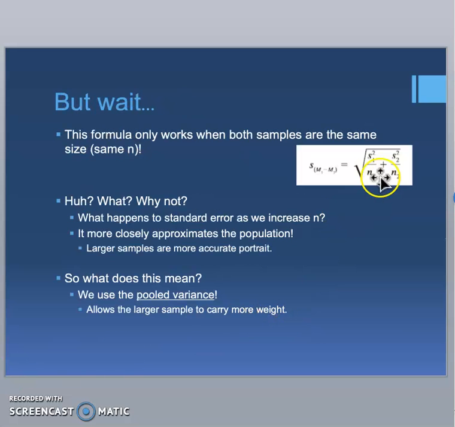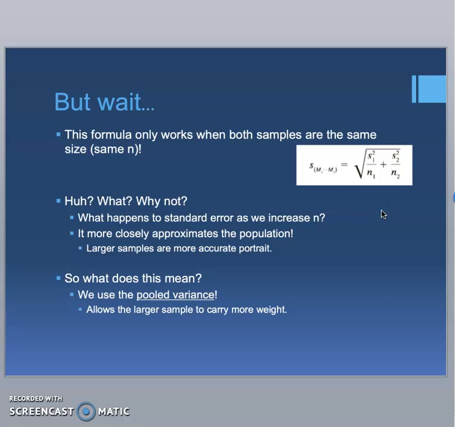So the only way this formula works is if we have samples of the same size. What it's going to do, if we don't have the same size, is it's going to get closer to the one that's a larger sample size. If you think back to when we had factors that affect whether or not we're going to reject or fail to reject, we said as n goes up, the chance of rejecting the null also goes up.